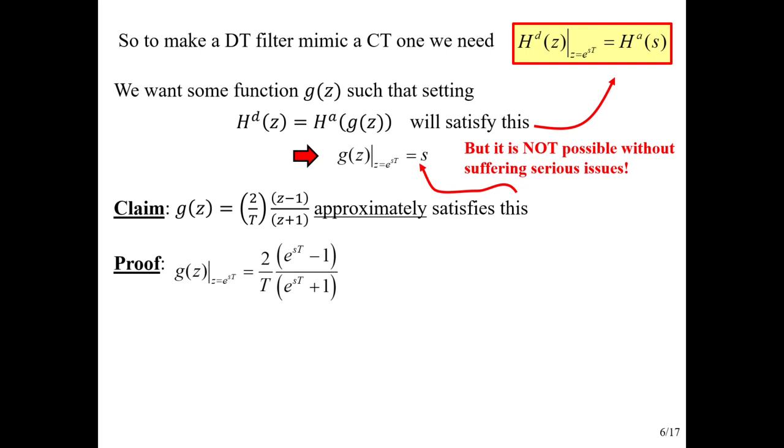Let's see that this thing approximately satisfies this. So here's the thing. I'm going to replace z by e to the st. So there's my two z's that get replaced. And then here's a little thing that pops up a lot in signal processing analysis. We see an e to the something minus 1 or plus 1, and we can factor out an e to the minus st over 2.